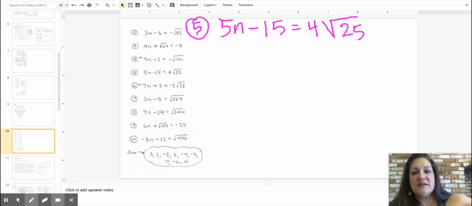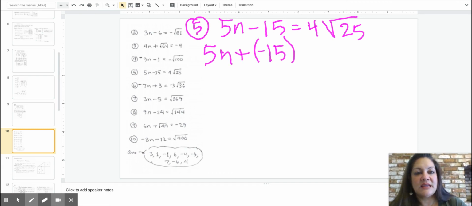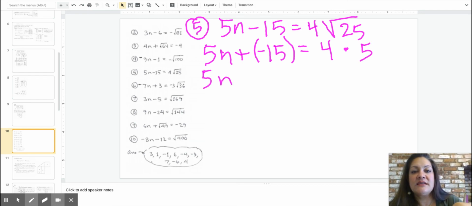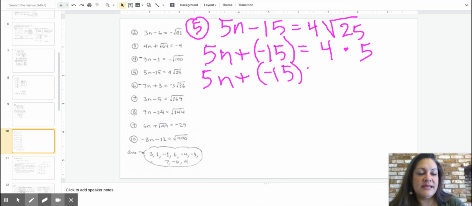Okay, 5n plus a negative 15, add the opposite, equals 4 times 5. 5n plus negative 15 equals 20. I'm going to add 15 to each side.